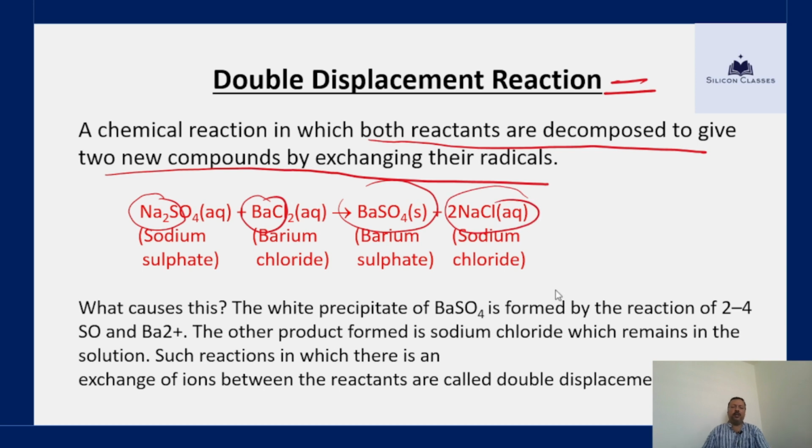So this is nothing but an example of the double displacement reaction. Here both reactants decompose to form two new compounds by exchanging their radicals. Sodium is being replaced by barium, and vice versa, barium is being replaced by sodium. So this is the example of the double displacement reaction.